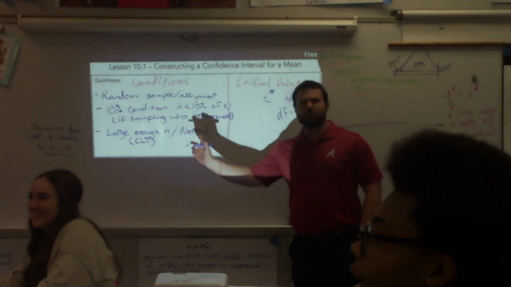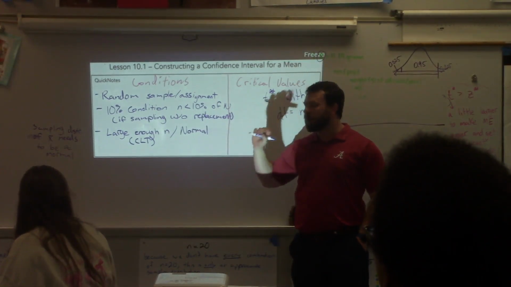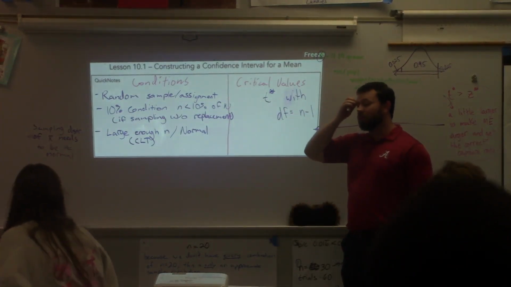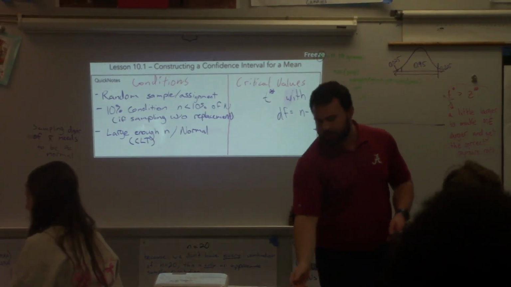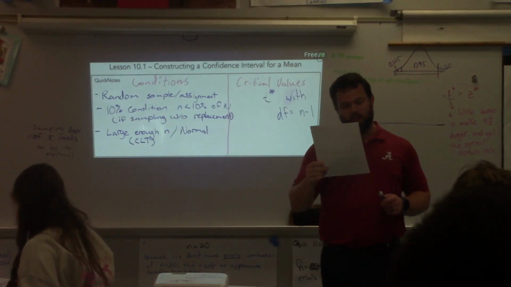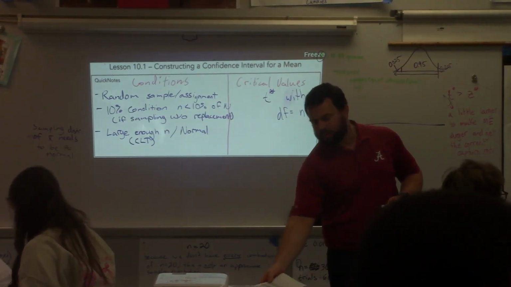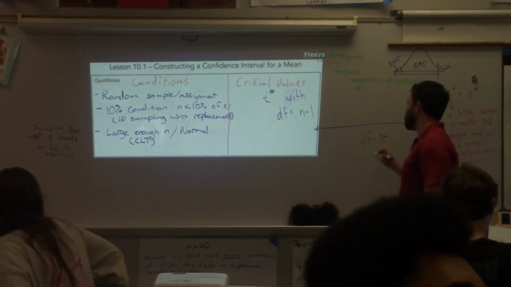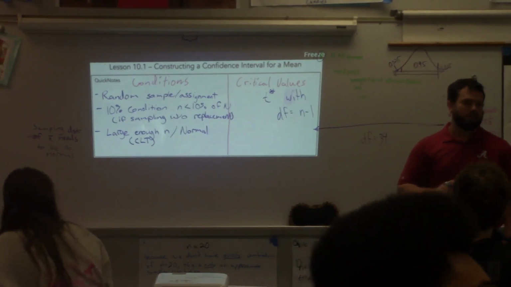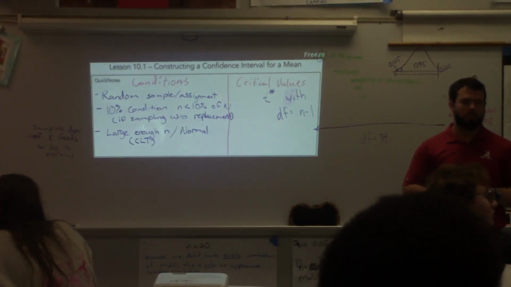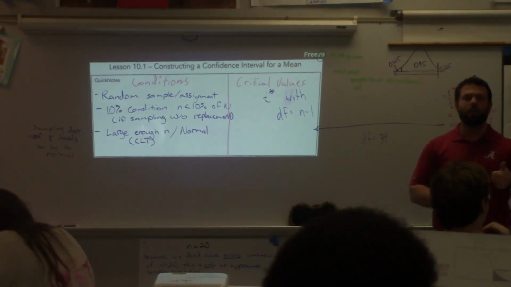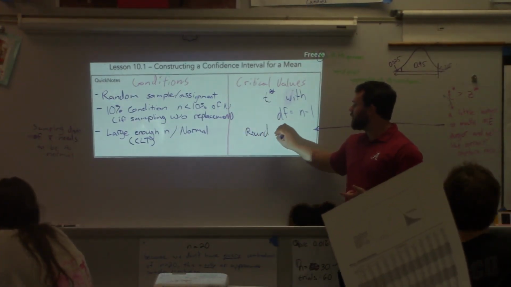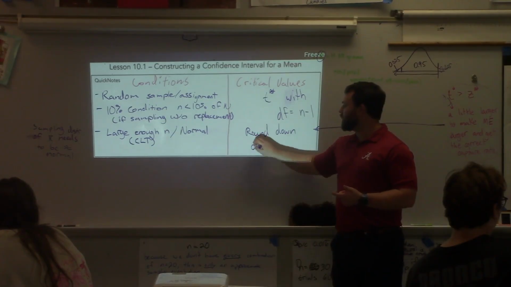Sorry, I was wondering if I was supposed to bring it up here or not, so I want to go ahead and talk about this. Two things. One, if you look at your T distribution sheet, notice how it only goes by ones up to 30. Let's say your degrees of freedom was maybe 34. It's not on that table. You can use a calculator to get it, or just round down the degrees of freedom.